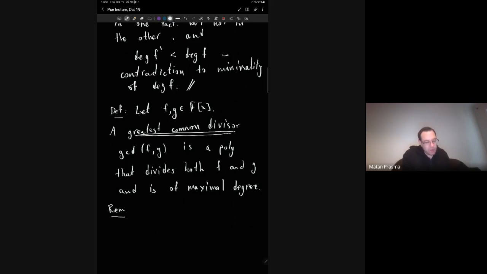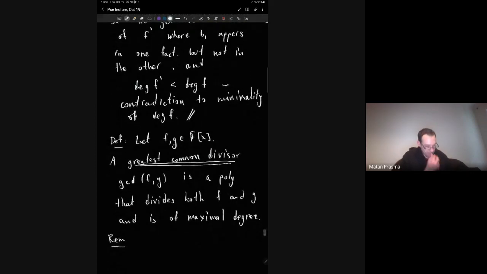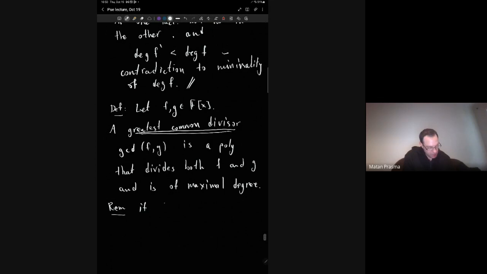Now, using this previous proposition, if f and g are monic, the GCD of f and g is unique, because you can decompose f and g into a product of monic prime polynomials and see which prime polynomials in each of the decompositions are common.